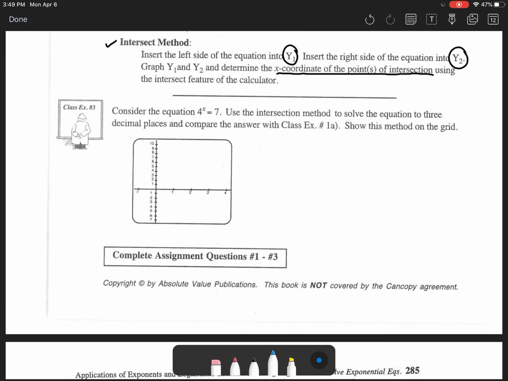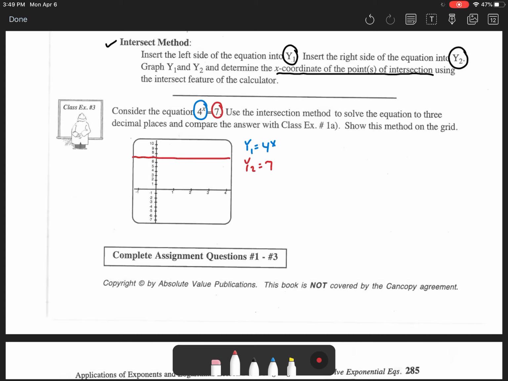So if I move down to the example, what I would do is I would graph y1 as 4 to the exponent of x. I would graph y2 as 7, and then I'm going to see where those graphs intersect, okay? So when I do that, here's y equaling 7.